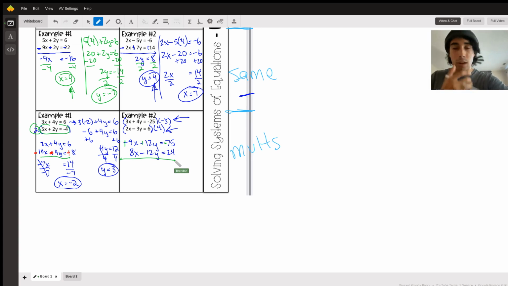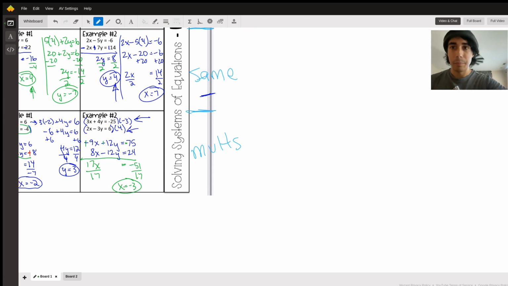If we add these together now, we're going to eliminate the y's. So we've got 9x and 8x, that's 17x. 12y minus 12y eliminates. And then negative 75 plus 24 is negative 51. Divide the 17 out on both sides, and you're going to get x equals negative 3.